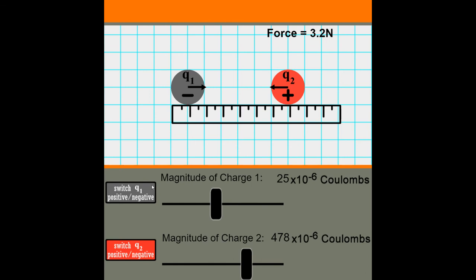So it says in challenge number 1: how is electrostatic force, which is this value up here, related to the magnitude of charge on the two objects, Q1 and Q2, keeping the same separation distance for all trials? Systematically alter the charges and record the force.